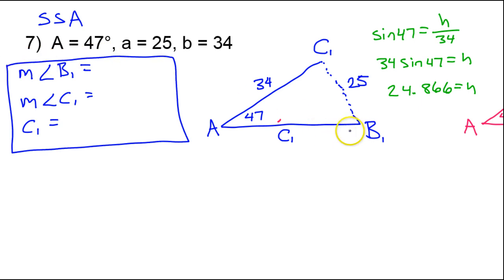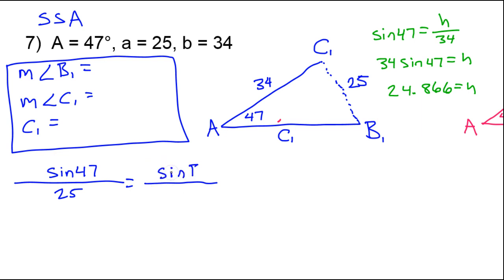Alright, let's start with angle B1. Because I'm looking for an angle, I'm going to put angles in the numerator of my law of sines. So I'm going to have sine 47 over 25, and then the sine of angle B1 over 34.